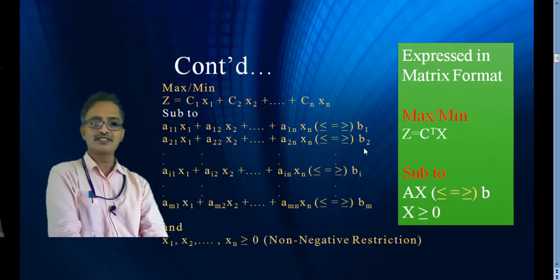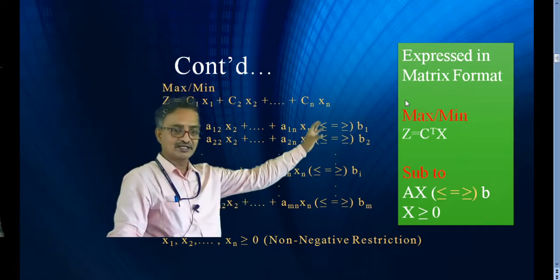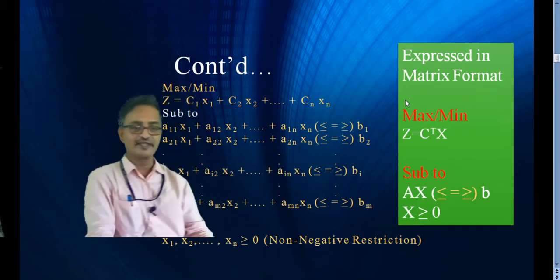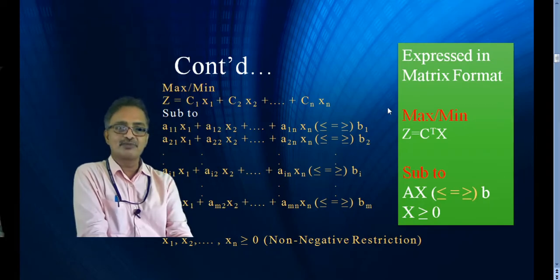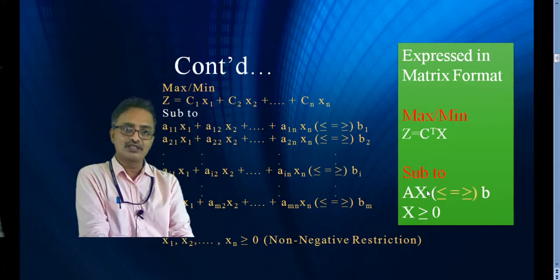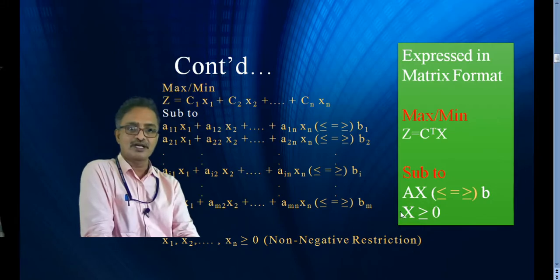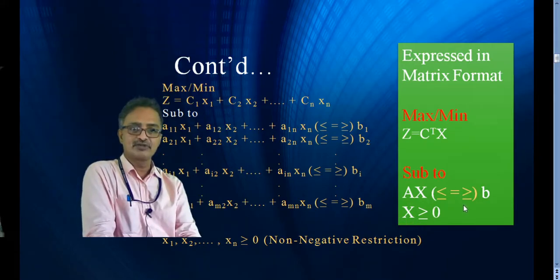This is also expressed in matrix form, as seen in the box here, where the function can be maximized or minimized, and z equals c transpose, the transpose of the cost vector, multiplied by the decision vector, subject to all the m constraints of the problem, and the decision variable values must be greater than or equal to 0.